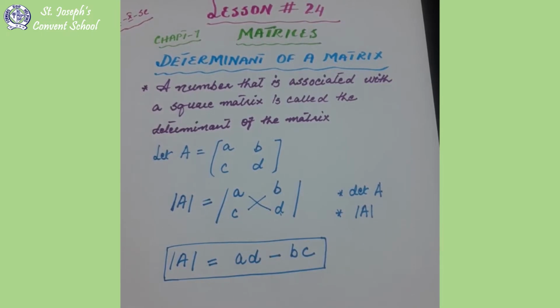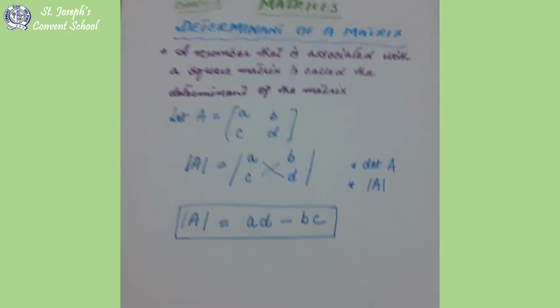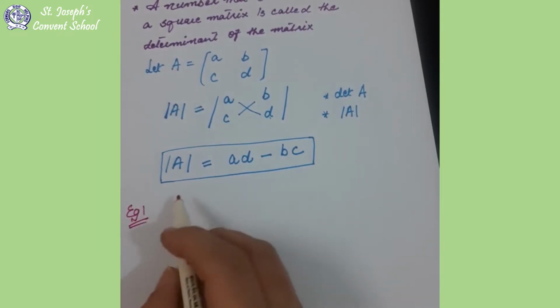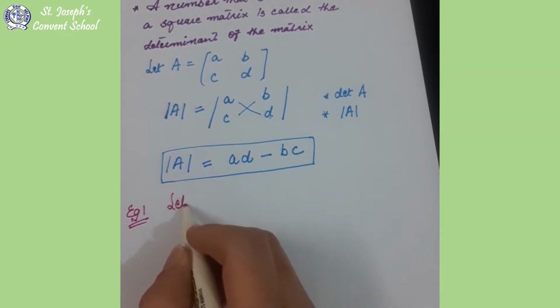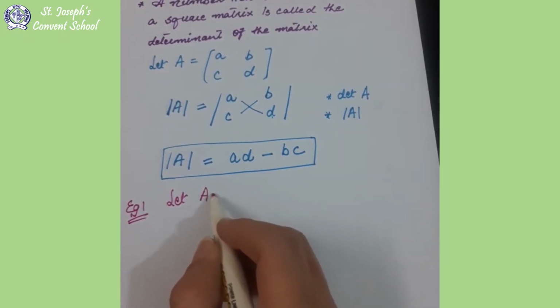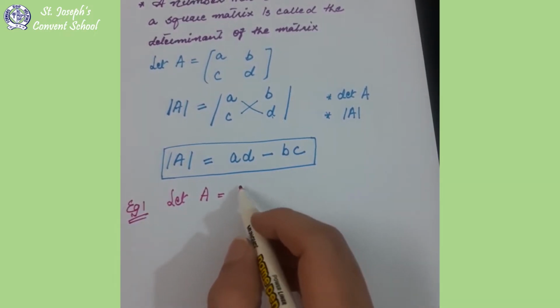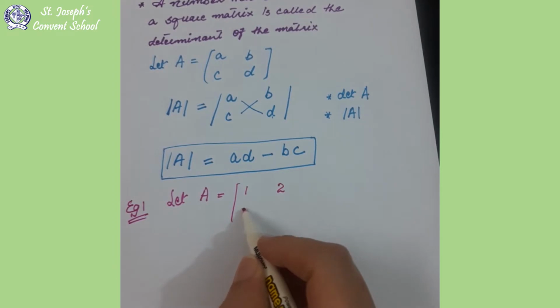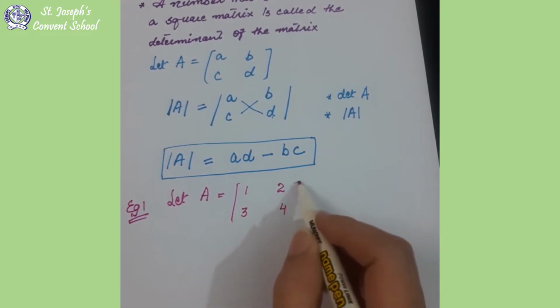I'll give you an example of how to find the single value when numbers are given. Suppose matrix A is given, example number 1: matrix A is 1, 2, 3 and 4.